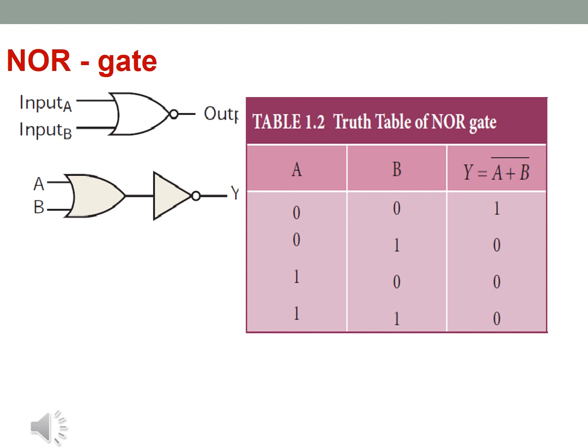Secondly, NAND gate and NOR gates are called the universal gates. What are the universal gates? This is one more question, don't forget. NAND gate and NOR gates are called universal gates because they are more versatile.